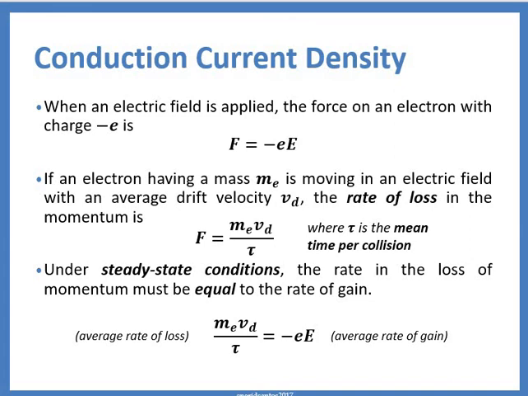So under steady-state conditions, these two rates of momentum are equal. As stated in the previous slide, the rate of loss of momentum must be equal to the rate of gain of momentum. So we can equate the two expressions for the force, or the rate of change in momentum.